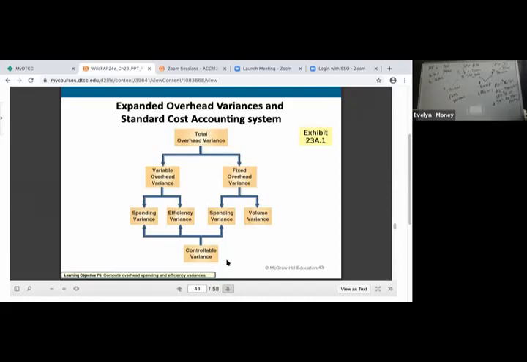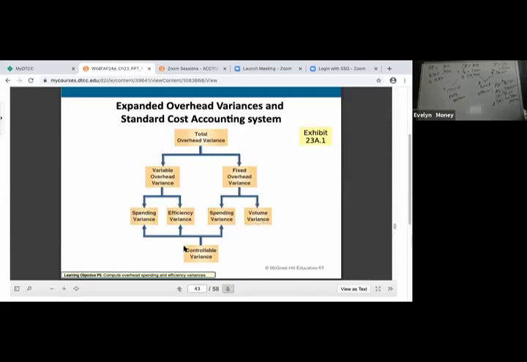Here's the important thing I want you to remember about the overhead variances. There are what we can combine and call a controllable variance, and then there is the volume variance. The volume variance is the non-controllable variance. This one only happens because the amount of units we plan to produce is different from what we actually produce. That's it.